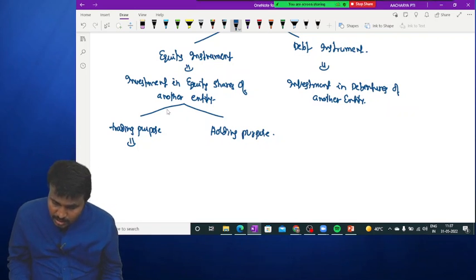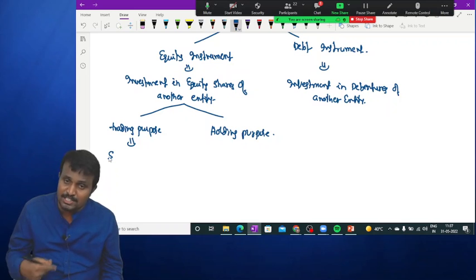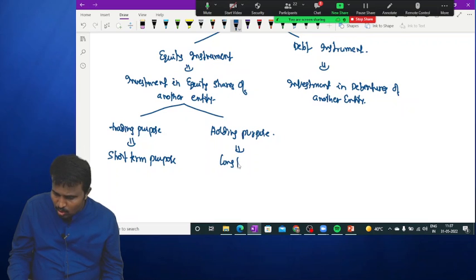If it is purchased for trading purpose, it is meant for short term purpose, and holding is purchased for long term purpose.